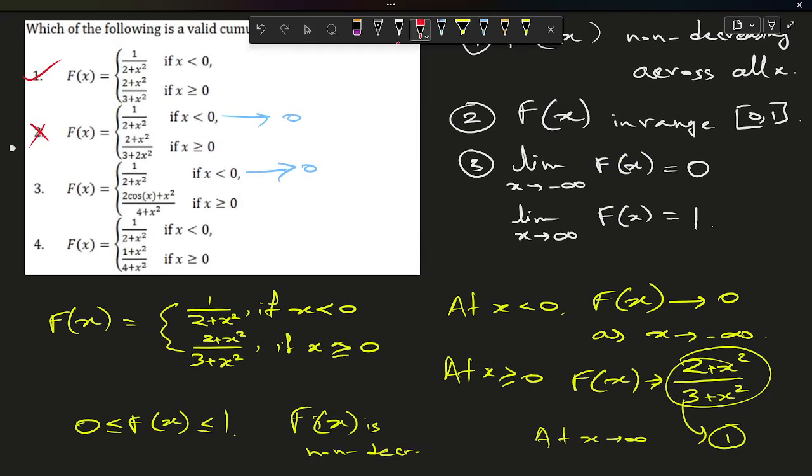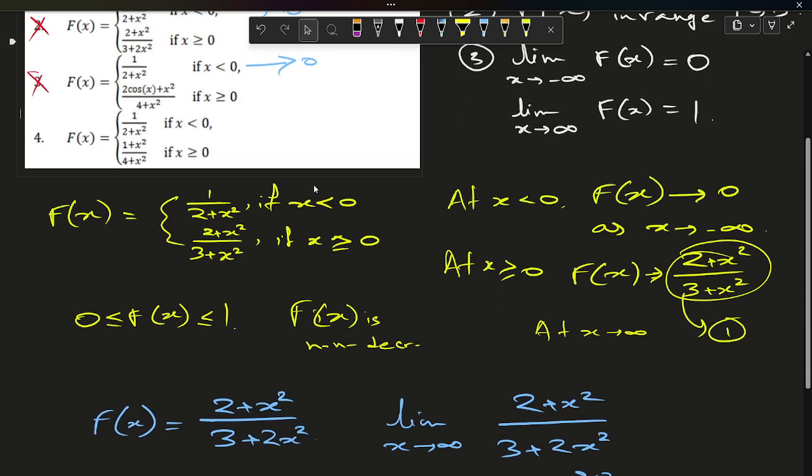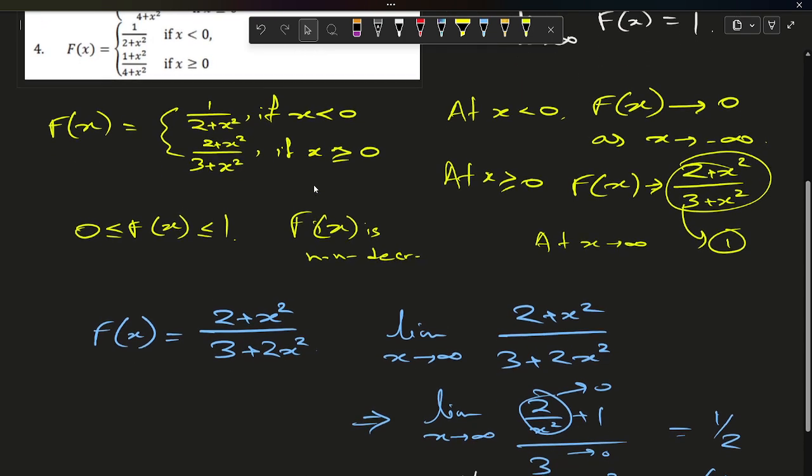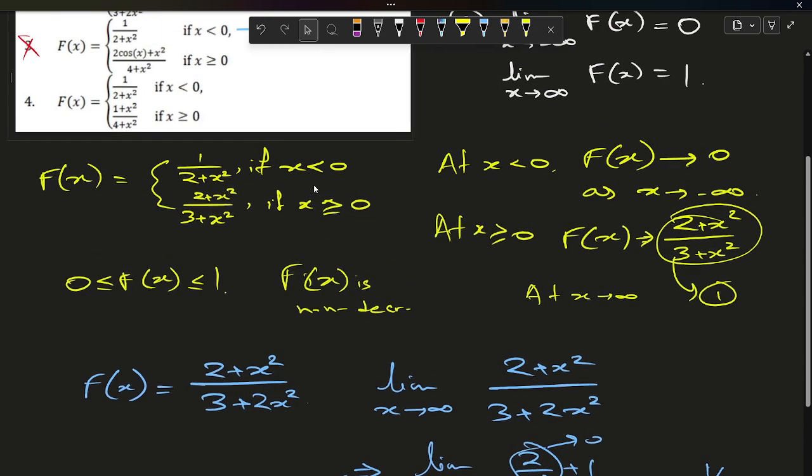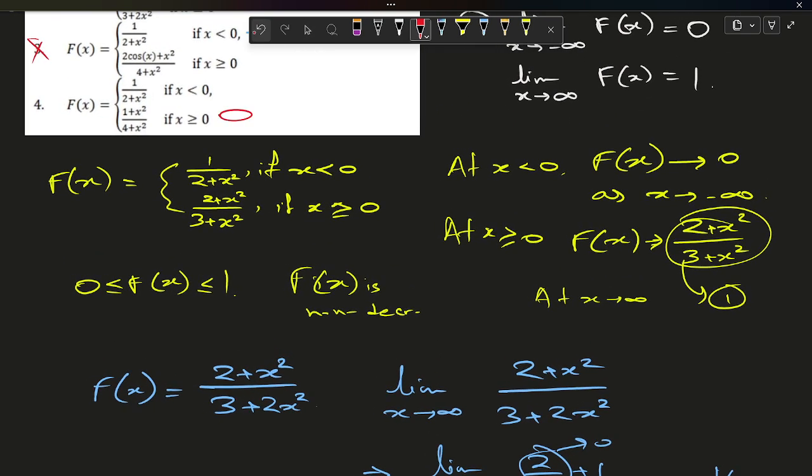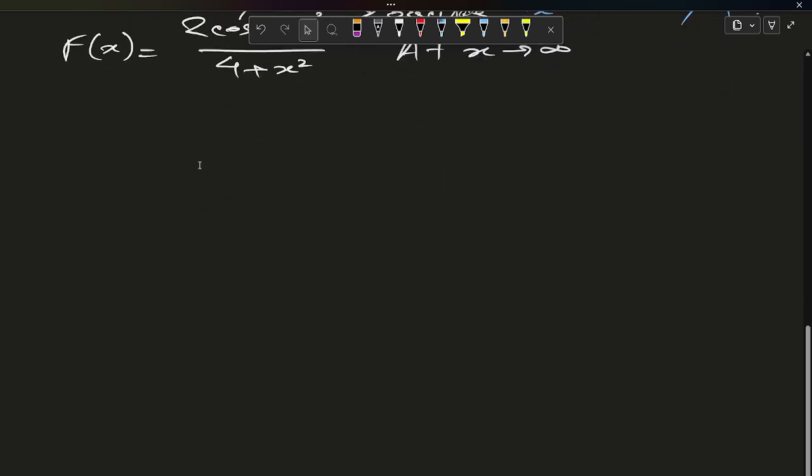Now we have to think about option 4. I think that will be a correct option, but again I have to think about this part, because this part will again go to 0. F(x) equals 1 plus x square by 4 plus x square.